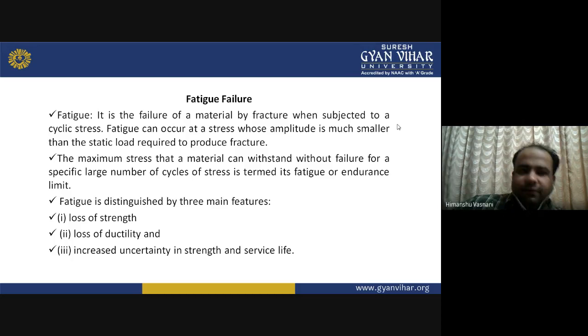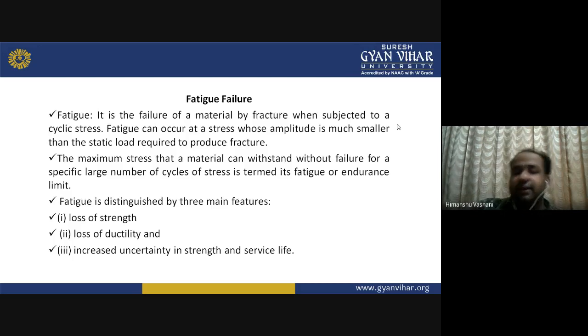I define fatigue once again. It is a failure of a material by fracture when subjected to a cyclic stress, when the material is again and again subjected to a repeated stress. Fatigue can occur at a stress whose amplitude is much smaller than the static load required to produce fracture.